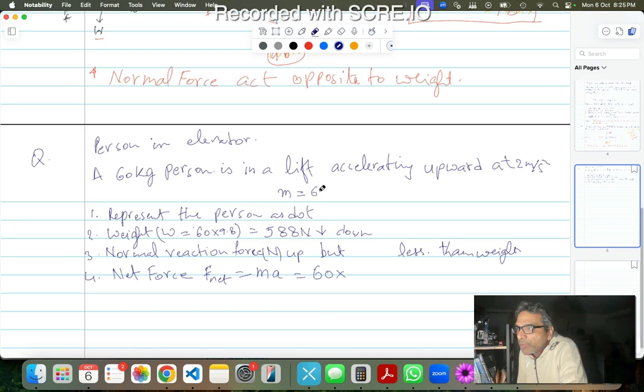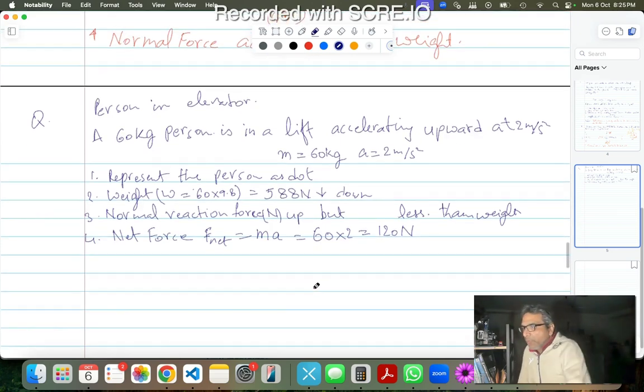M equals 60 kg. Then a equals 2 meter per second square. So that will be 60 times 2, which gives us 120 Newton, right? So what will be the normal reaction force then?